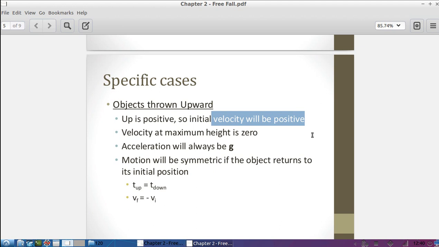There's a subcase of this situation that we'll handle later, where the path of the object is symmetric. If I launch something from the ground and then it returns to the ground, it's returning back to its initial position.